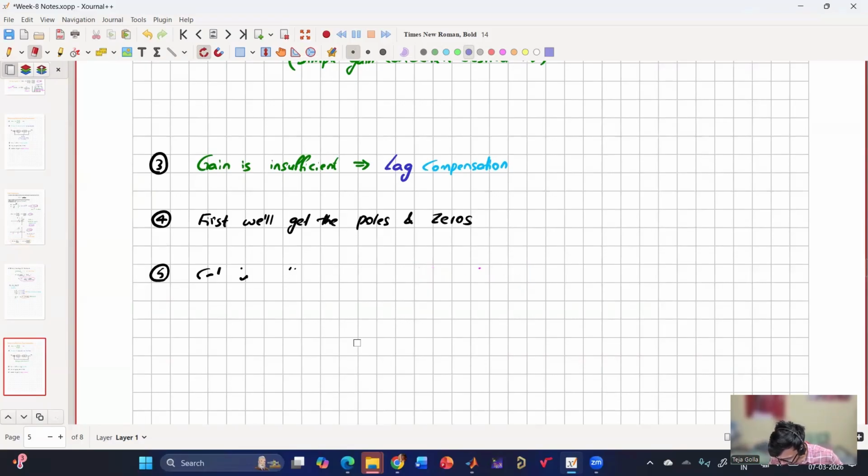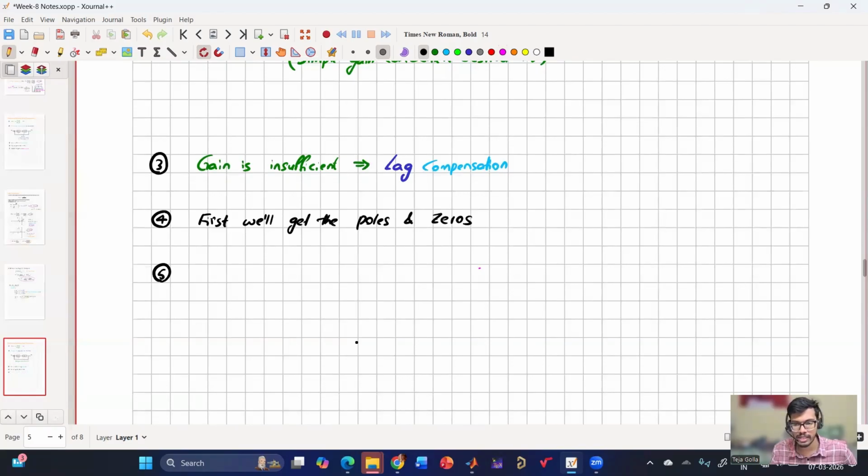I'll also explain why, because it is slightly different here. So we'll get the poles and zeros, and here also there are some formulas that sir has given. We'll be using the same formulas for the 4. So once we get 4, then what is the fifth one? We'll get the overall system, and then we can check the final closed loop root locus.